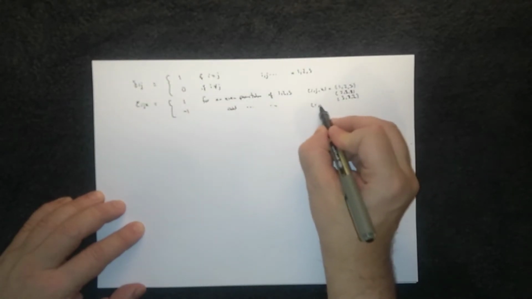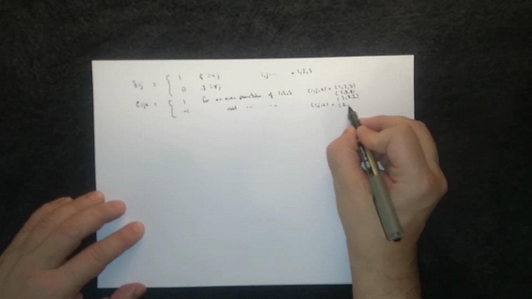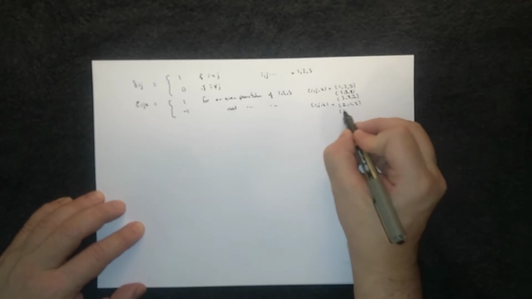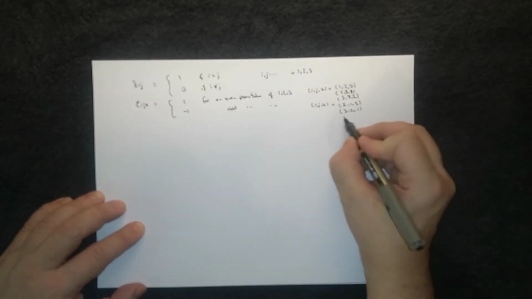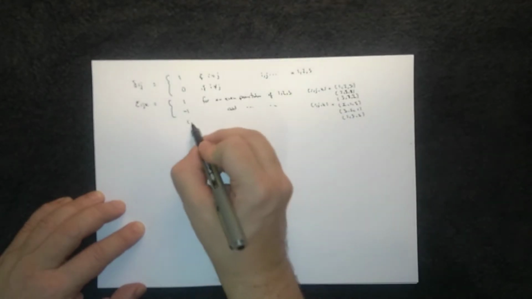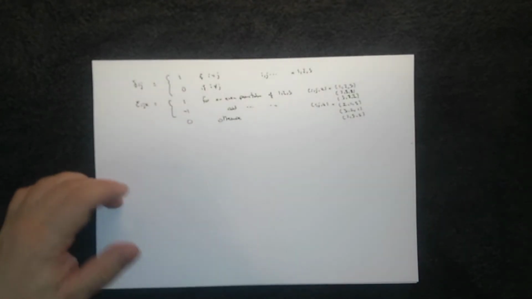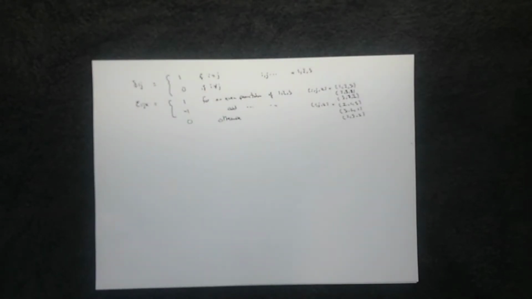So ijk equals 2, 1, 3, or 3, 2, 1, or 1, 3, 2, and 0 otherwise.